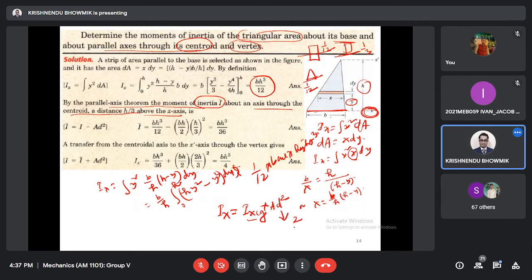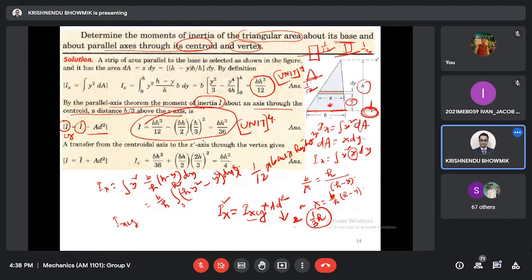This d is 1/3 h. We have already shown this will be the CG location. So from the base, the distance will be 1/3 of h. So IxCG will be Ix minus this. You put in the value and you will get this value. Somebody can write here unit power 4 also. It looks better. We don't know the unit, so it is unit power 4.